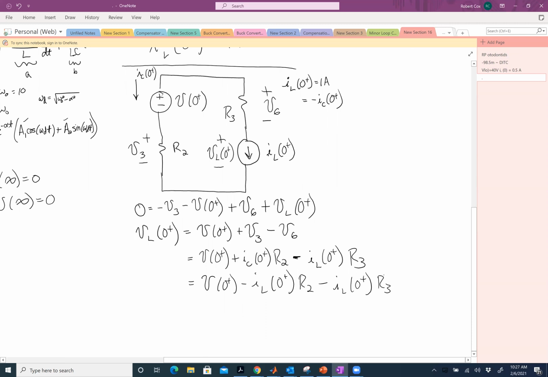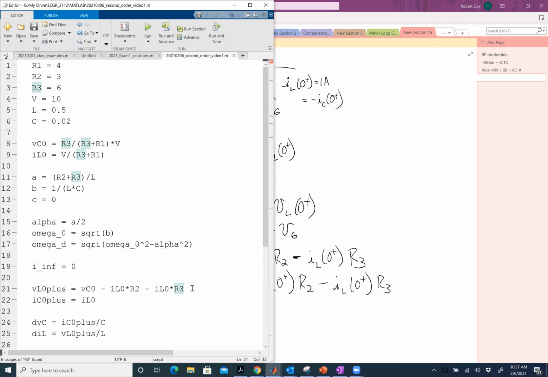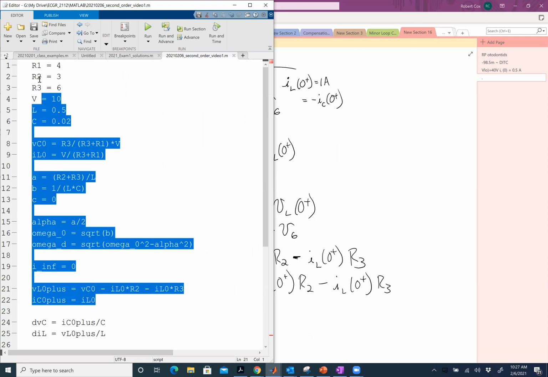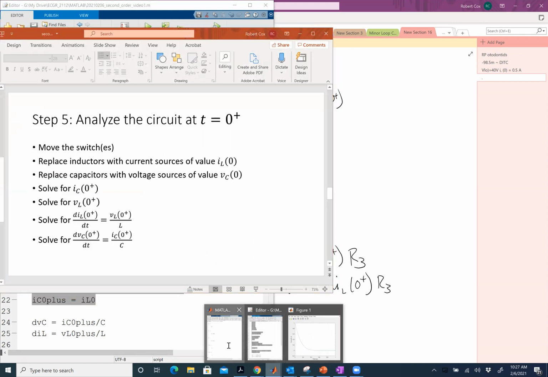Now, if I go through at this point and do that calculation, which I've got here, what I'm going to get is -3. So I'm going to run this whole thing. Look at my answer.